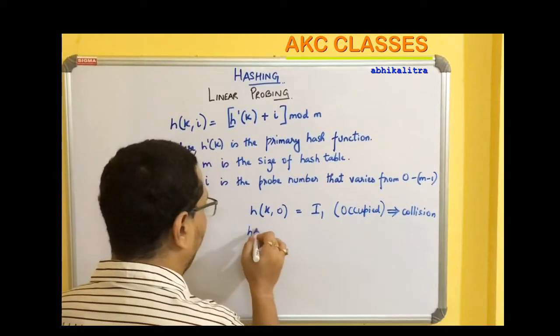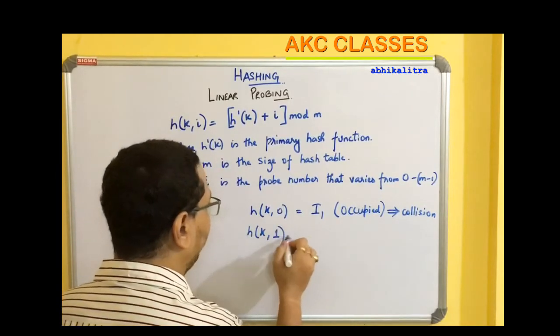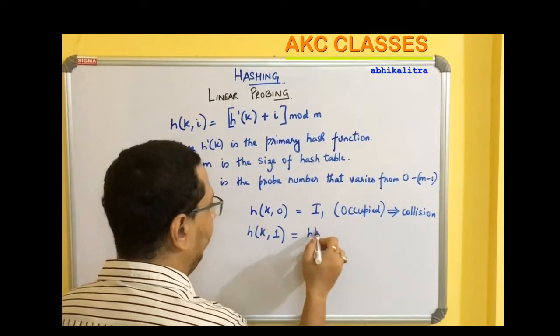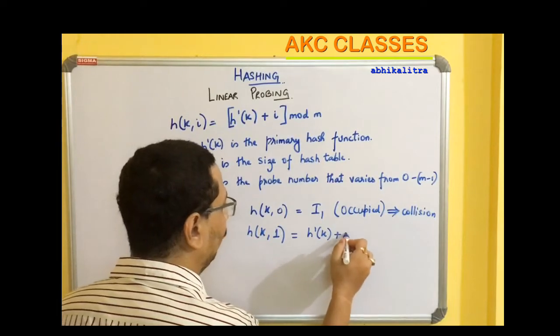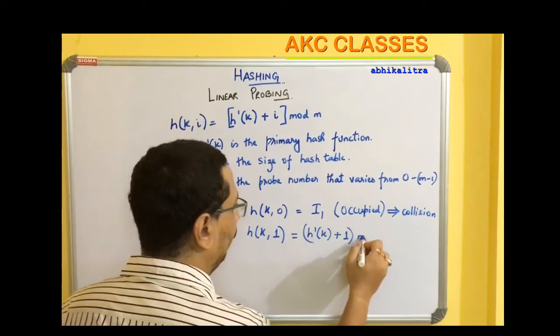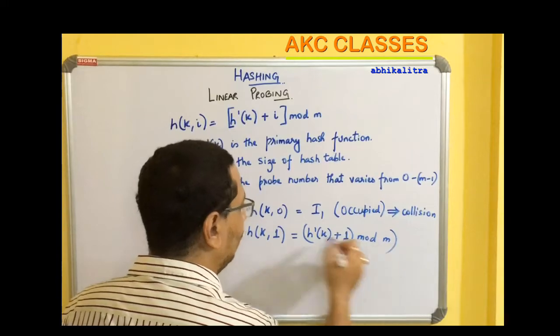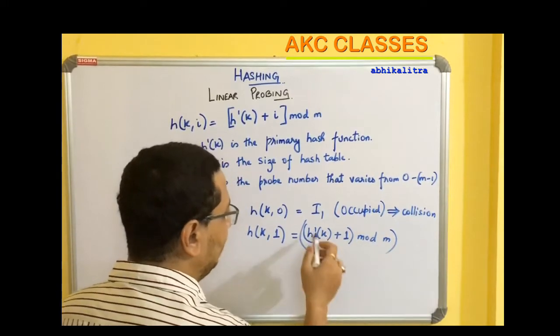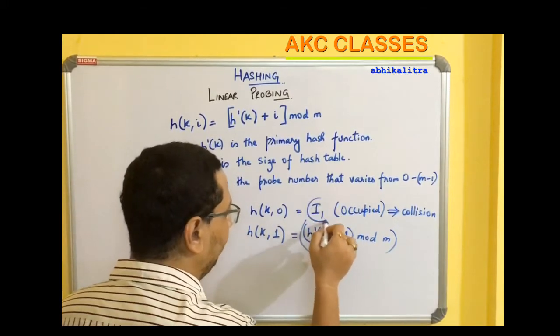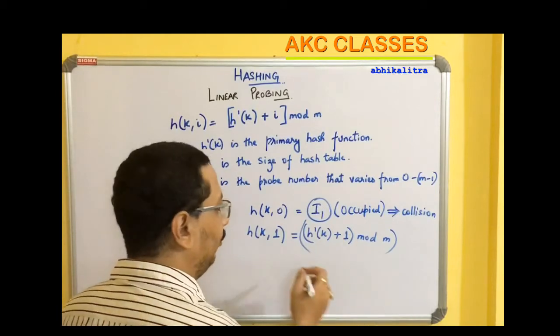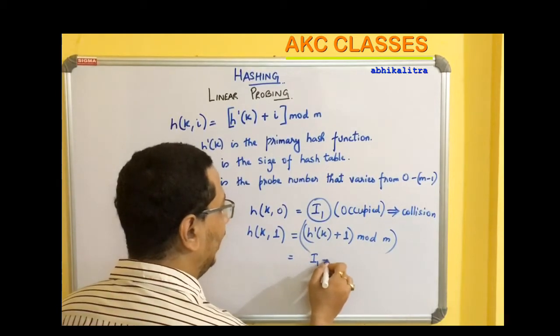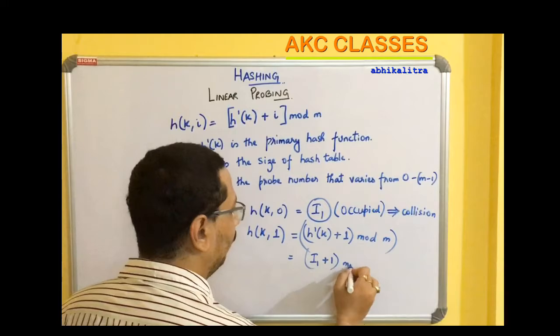So now we move on to h of k comma 1. h of k comma 1 will be h prime of k plus 1 mod m. If h prime of k was the one with value I1 which was already occupied, then I will put I1 plus 1 mod m.